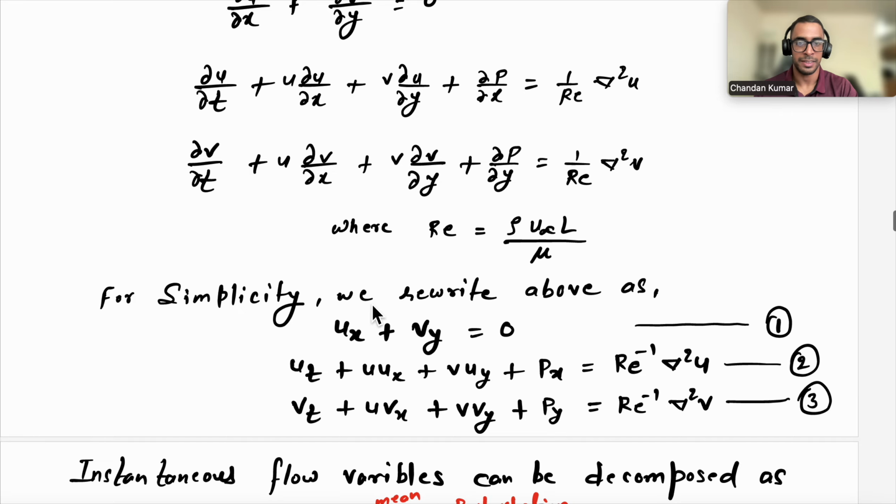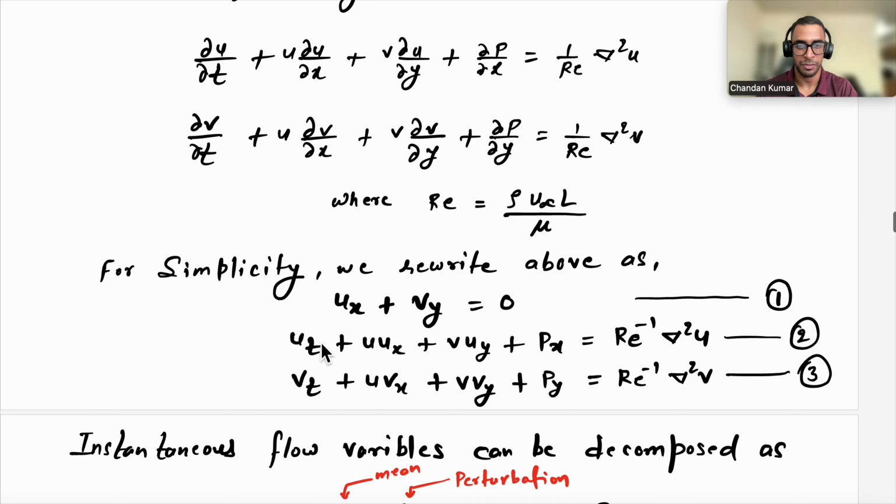For simplicity, we rewrite the above equation. The continuity we denote as u_x, since the derivative is with respect to x, and v_y with respect to y. So we are rewriting the same equation in a simple form where the subscript denotes that this particular variable is differentiated with respect to the subscript.